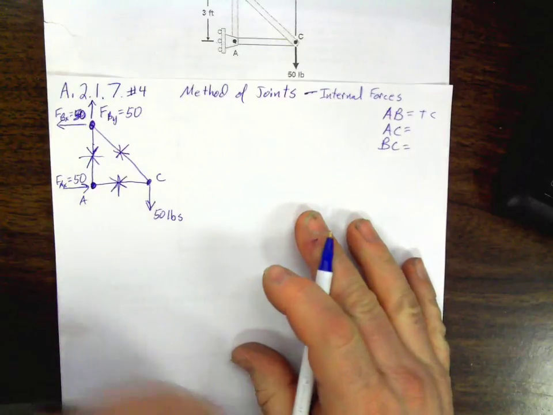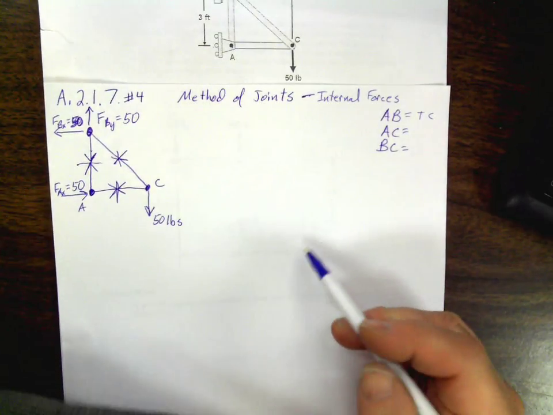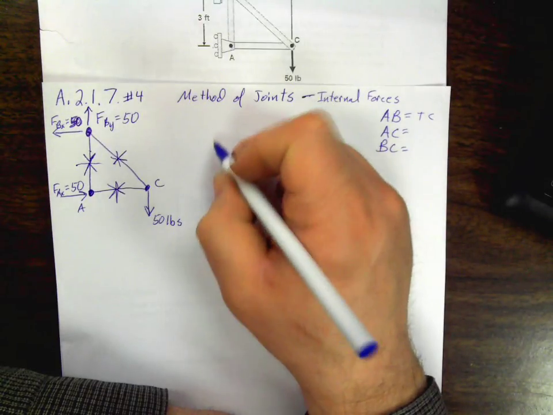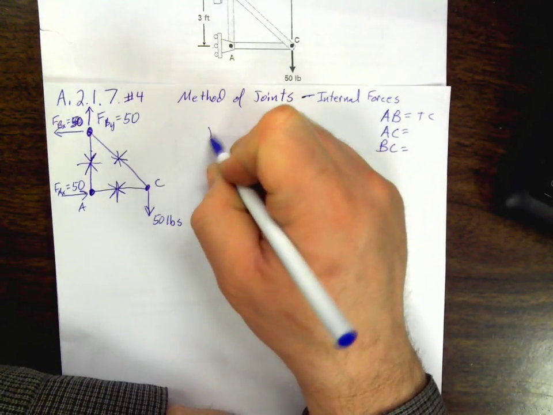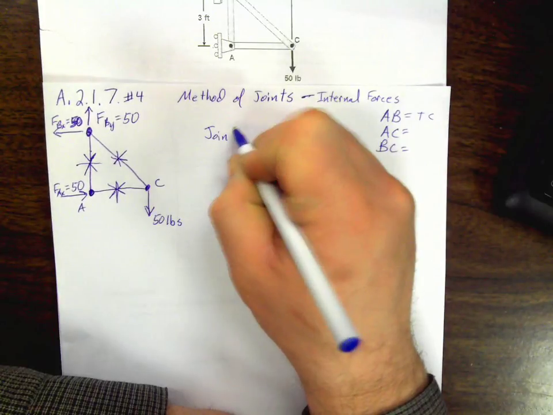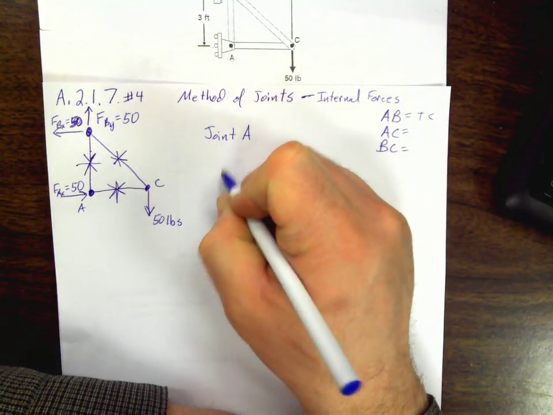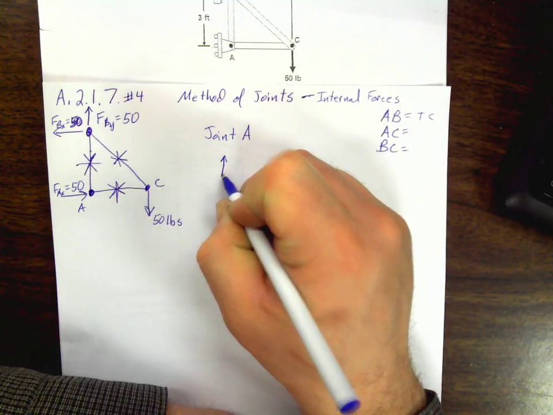We've got a force here, we've got a force here. This is the force of member AB. This is the force of member AC.